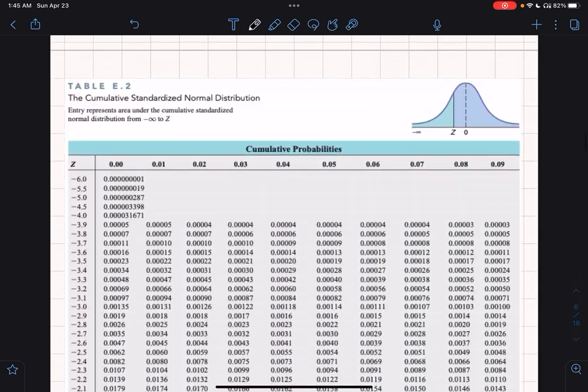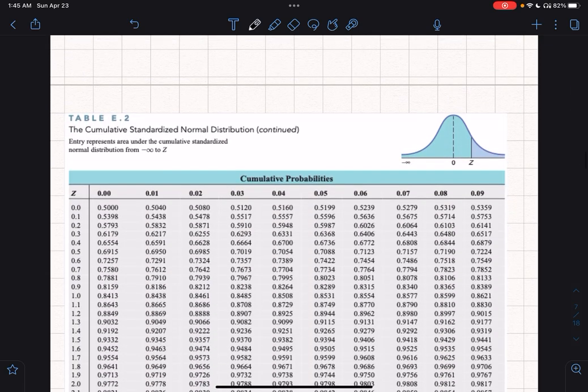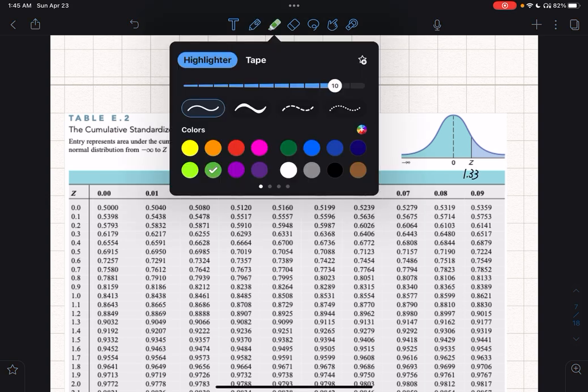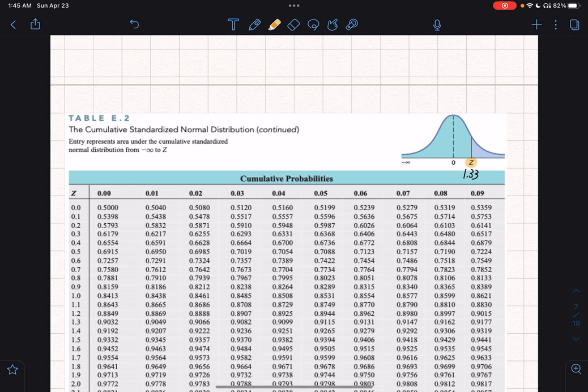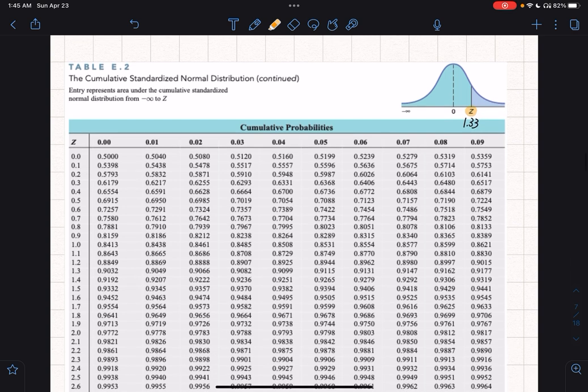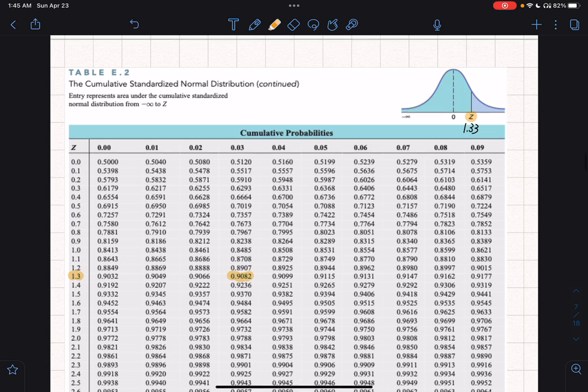So if I look up 1.33 for our z, let me go down to 1.3. So 1.33, 0.9082. Again, that's the area of this whole shaded region.